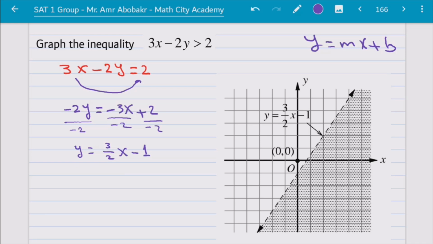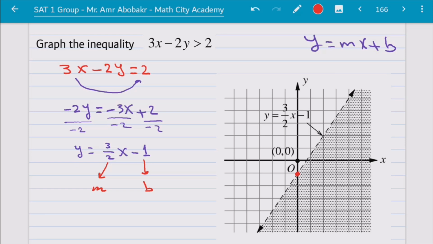Now we have the equation in the form of y equals mx plus b. So this is the y-intercept, this is b, and this is m, the slope. So where is negative 1 on the y-axis? Here is negative 1 on the y-axis.